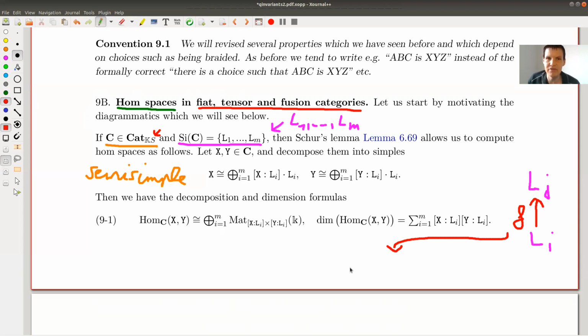Let's say K is a reasonably nice algebraically closed field. In most cases, F comes basically in two types. F is either 0 if Li is not equivalent to Lj, or F is basically an isomorphism, a scalar, if Li equals Lj.